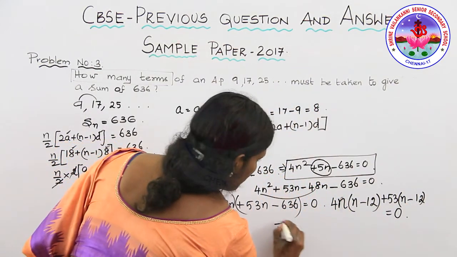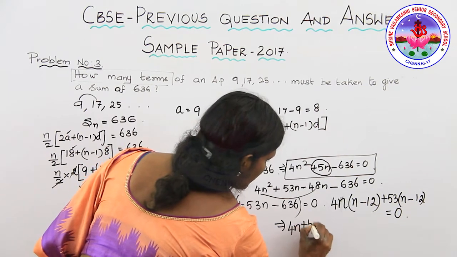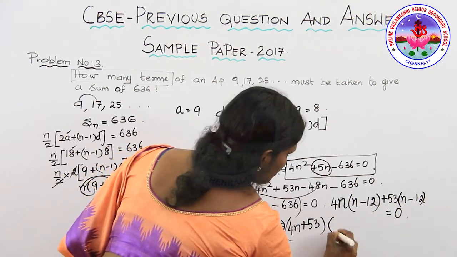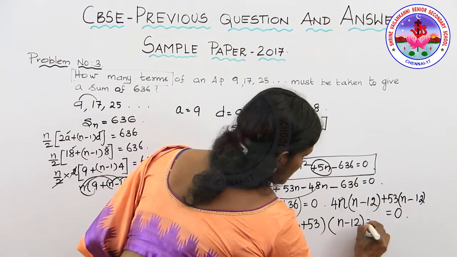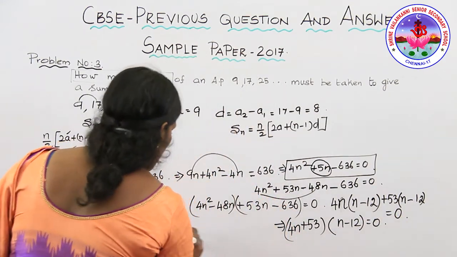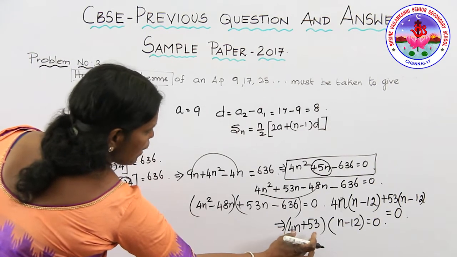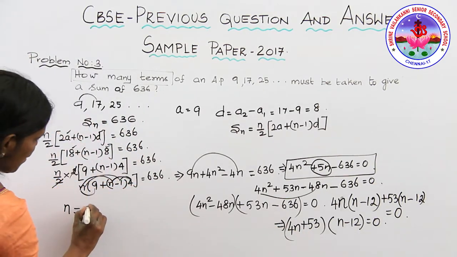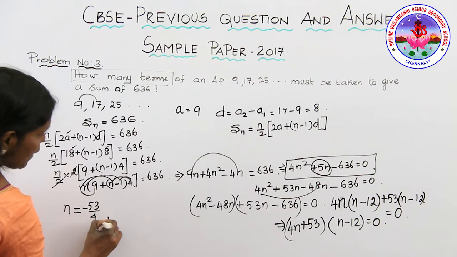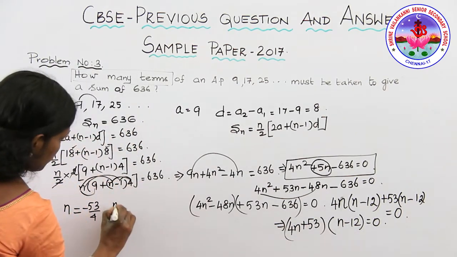Now I have 4n plus 53 into n minus 12, which is equal to 0. So I got n value from one bracket, n is equal to minus 53 by 4, and the other, n is equal to 12.